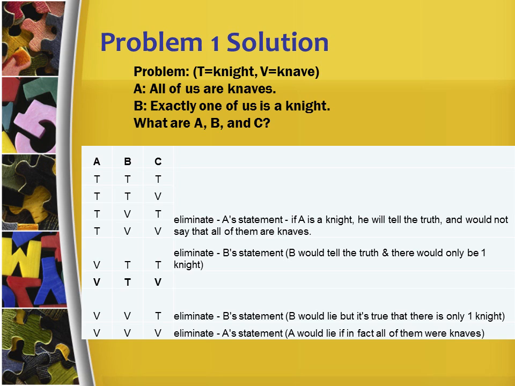Basically my method, which does not have to be your method, is to look at each of these statements, A's statement and then B's statement, and see which possibilities I can eliminate. If A says all of us are knaves, that means that A cannot be telling the truth.